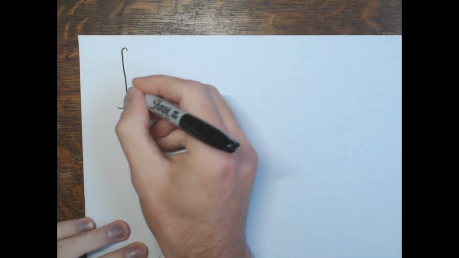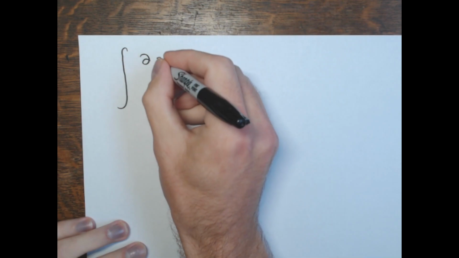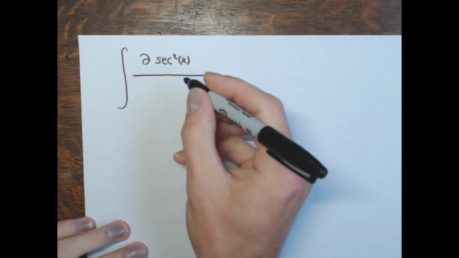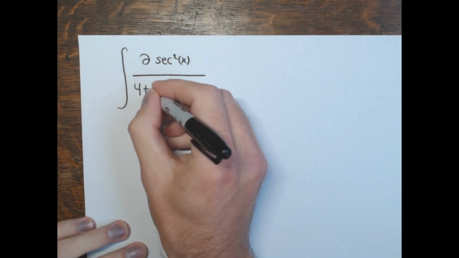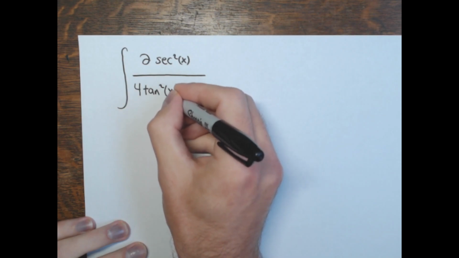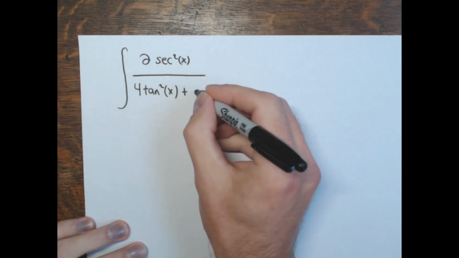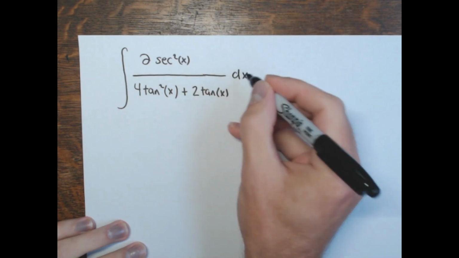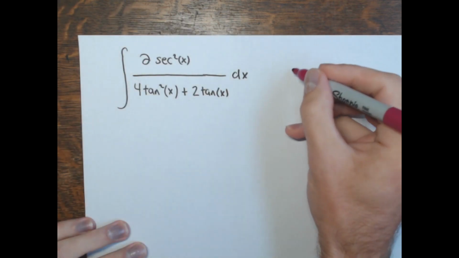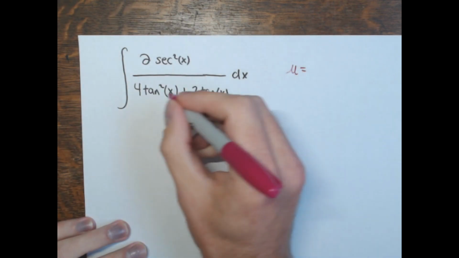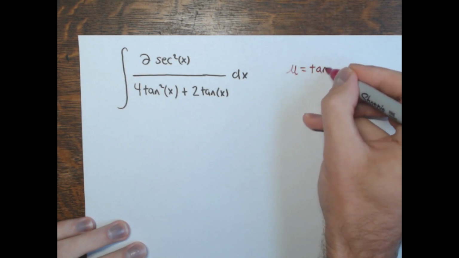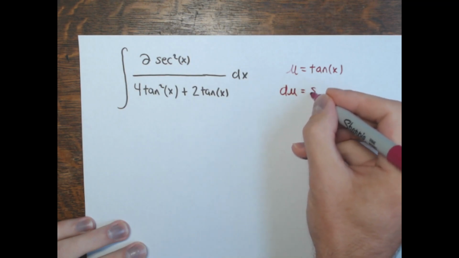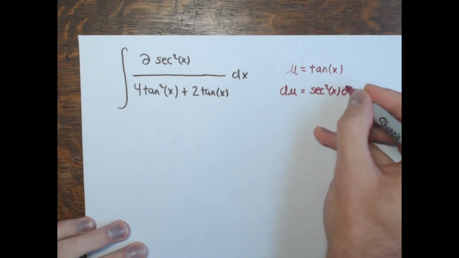So I got the integral of 2 secant squared x over 4 tangent squared, and then plus 2 tangent. If I do this sub here, if I replace all the tangents with u, if u were tangent, then du would be secant squared x dx, right?